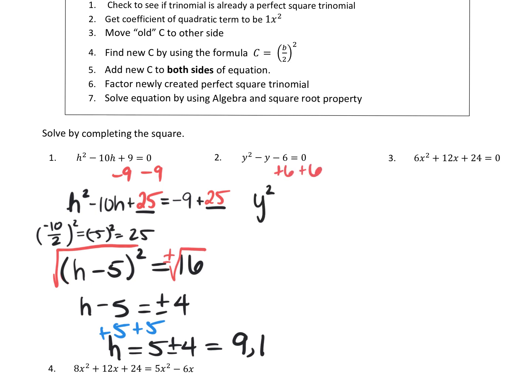I get y squared minus y plus my blank space equals 6 plus a blank space for the new c. How do I find my new c? Negative 1 over 2 squared, which is positive 1/4.